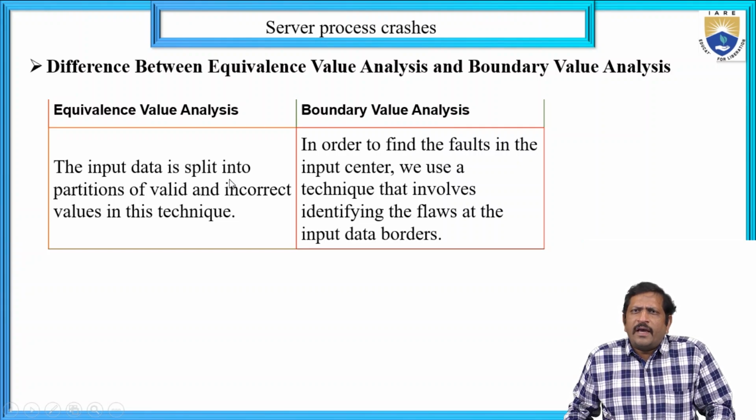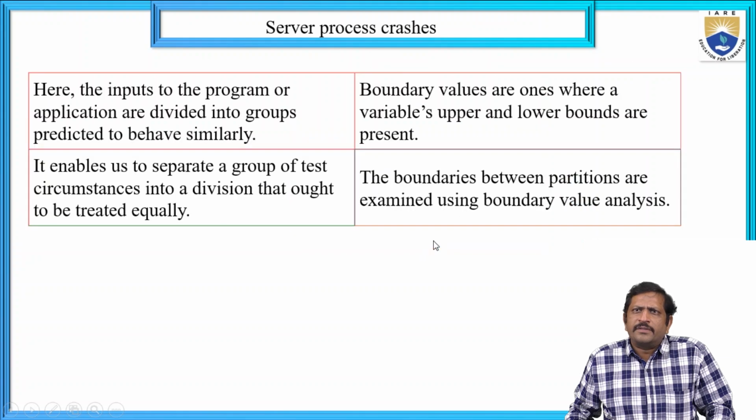So the input data is split into partitions of valid and incorrect values in these techniques. In boundary value analysis, in order to find faults in the input data, we use a technique that involves identifying the flaws at the input data borders.